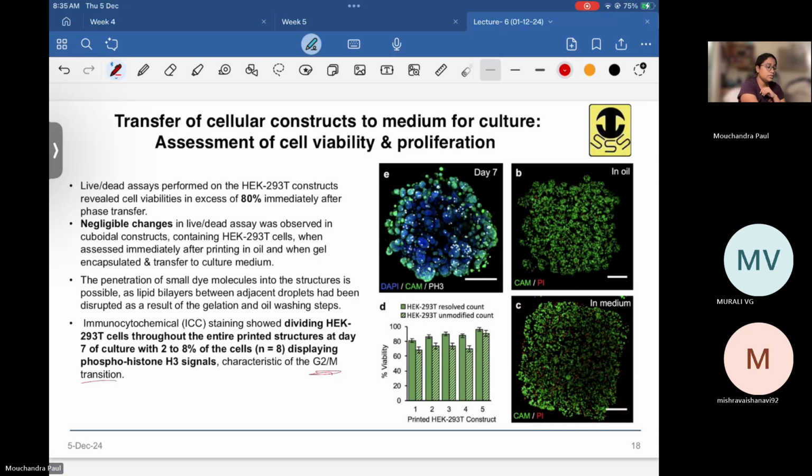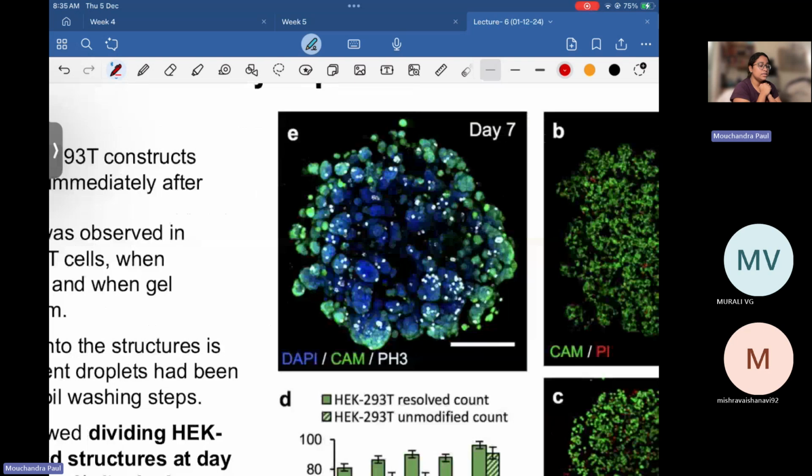And see from this image, at day 7 of culture in cell culture media, they observed that around 2 to 8% of the cells in the construct have white colored dots. These white colored dots represent the presence of this phosphohistone H3 marker. This means that cells are in the dividing phase, the mitotic phase.